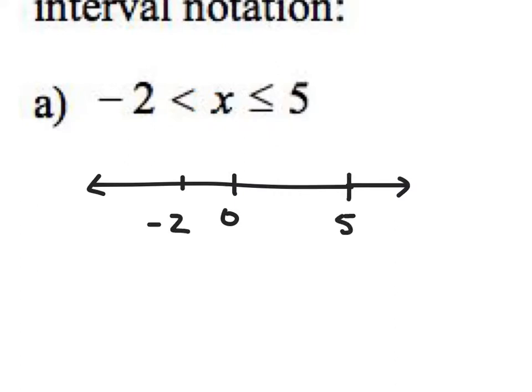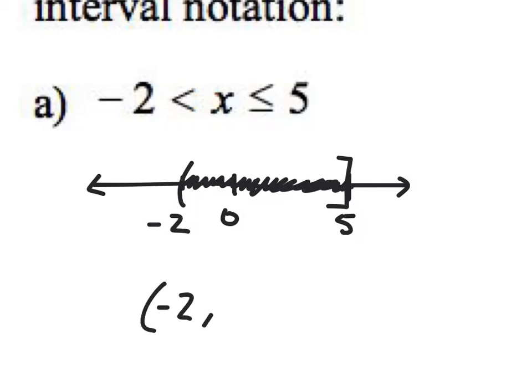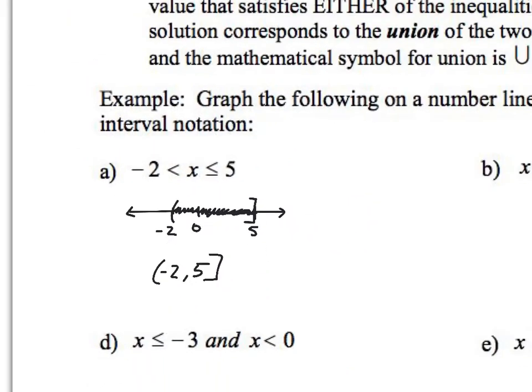My values for X are going to be larger than -2, so a parenthesis at -2, and we're going to shade, but we're also going to be less than or equal to 5. So a bracket here, and then we're going to shade to that bracket. In interval notation, we would write this as -2, comma, 5 with a bracket. Make it look just like that. All three of those things mean the same thing.